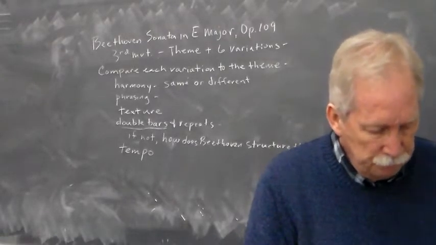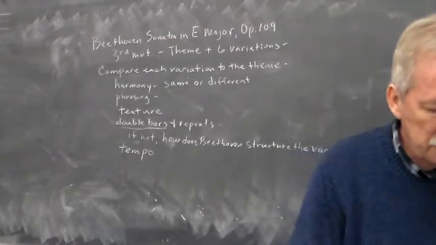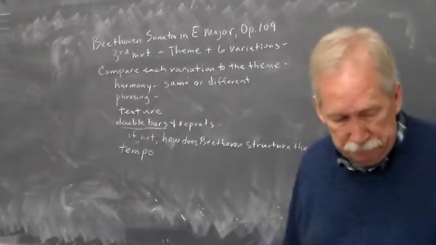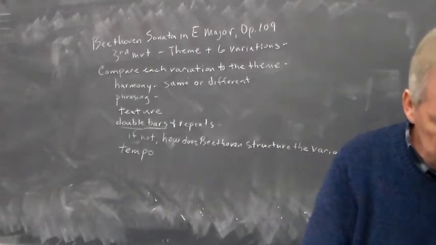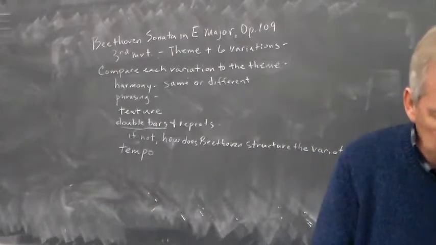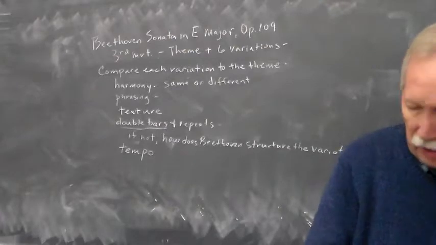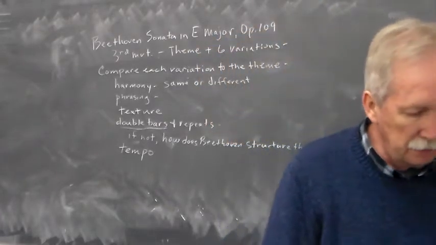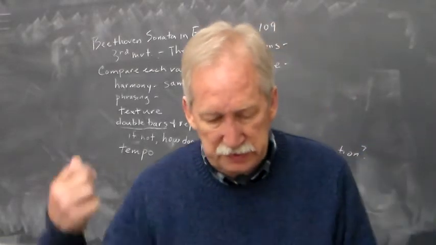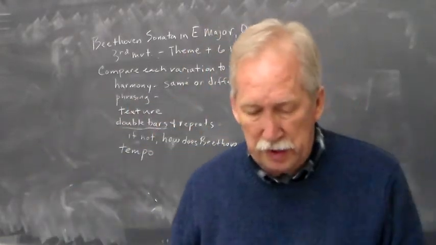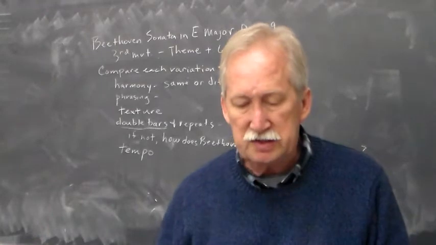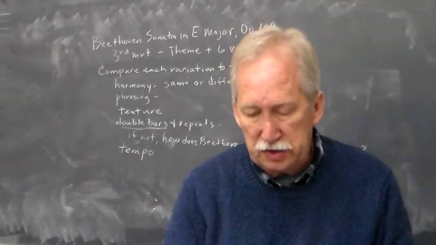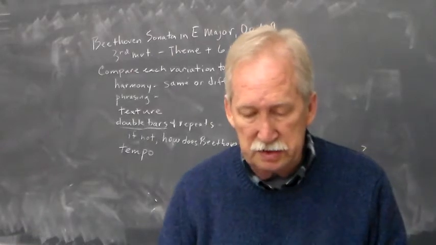So we're looking for those elements, and then you want to just talk about what's going on. One of the things that I wrote at the bottom, so I've listed some of these things up here: harmonic structure, phrasing, motivic connections, the texture, rhythmic comparisons, especially the final variation I just mentioned.